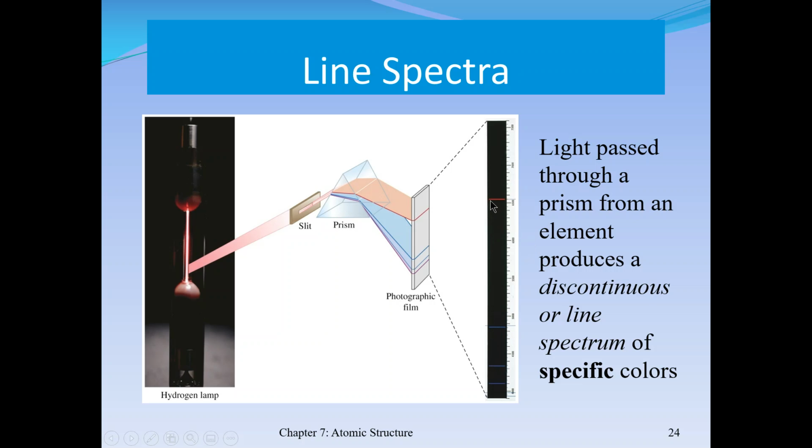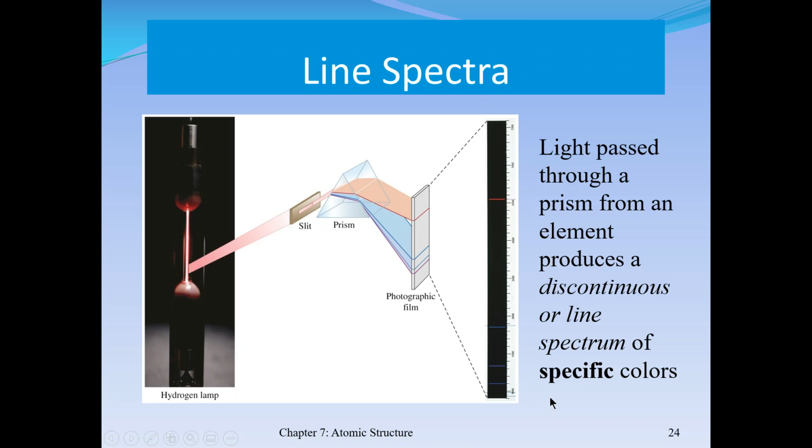So I don't know if you can see it here. Here's a kind of reddish pink line right here, and there's a blue line right here, and then you have, I guess this is indigo and this is violet. All right, so that is what happens in the case of hydrogen. It produces this particular spectrum.